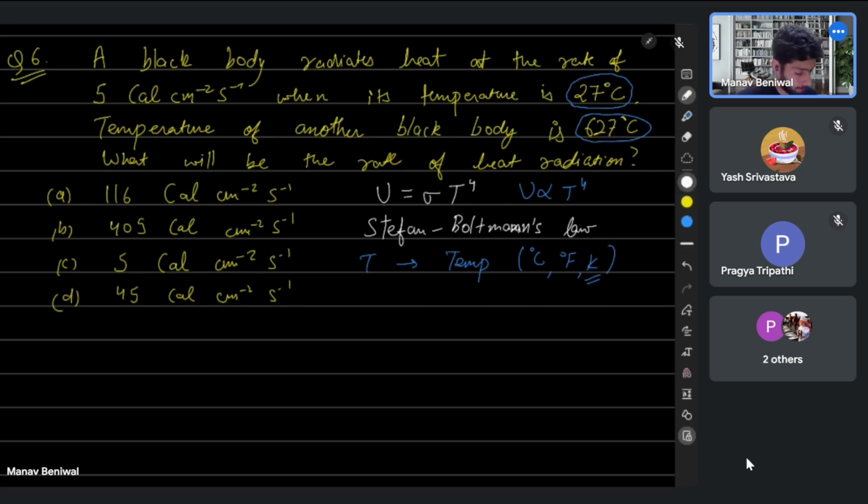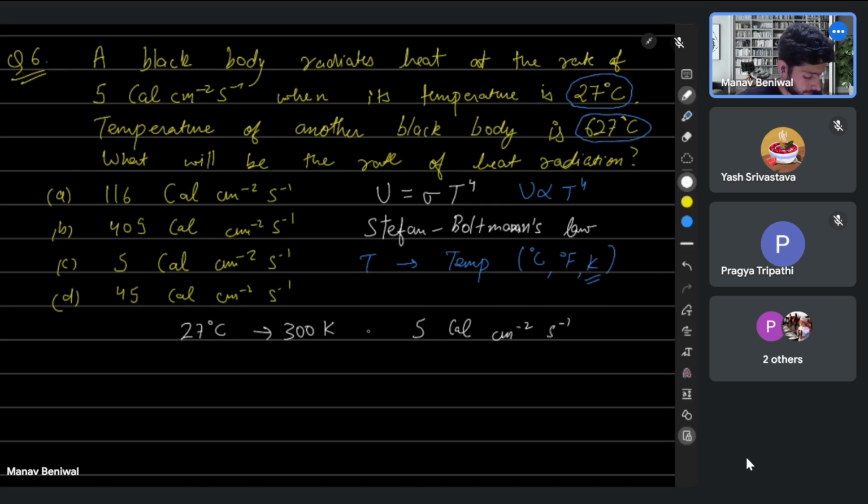For the first body, the temperature is 27 degrees Celsius, which becomes 300 Kelvin, and it is emitting energy of 5 calories per centimeter square per second.